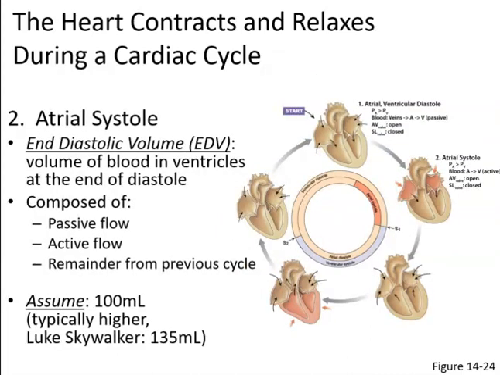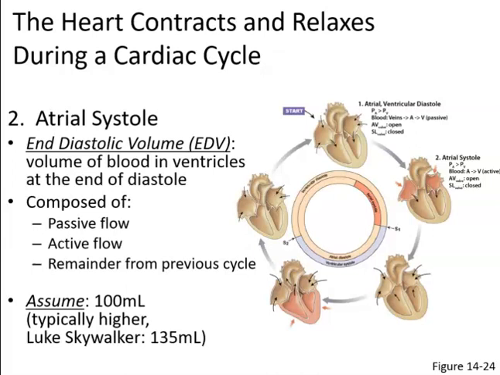Now, we can measure end diastolic volume in this phase. End diastolic volume is the volume of blood at the end of diastole. Basically, how much blood is in the ventricles before it is pushed out.